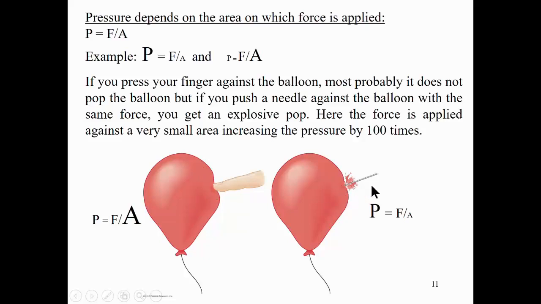With your finger, the area is big, so the pressure is smaller. But with the needle, even if the force is the same, since the needle's area is very small, it exerts a huge pressure.